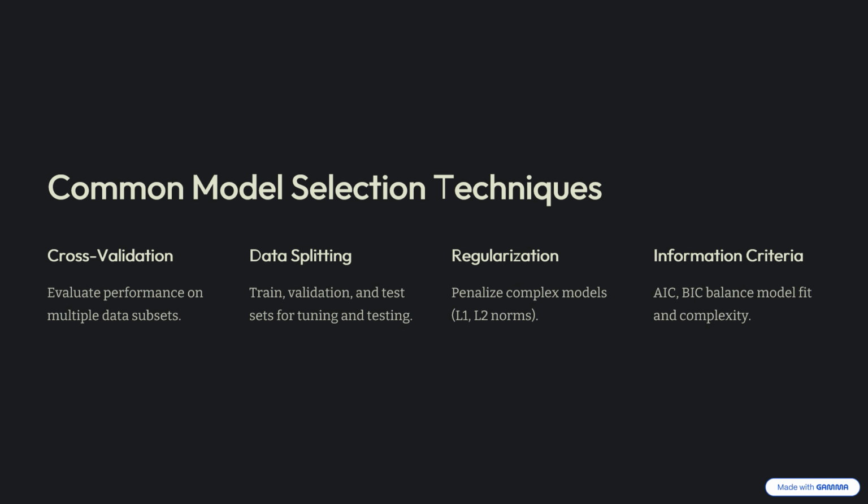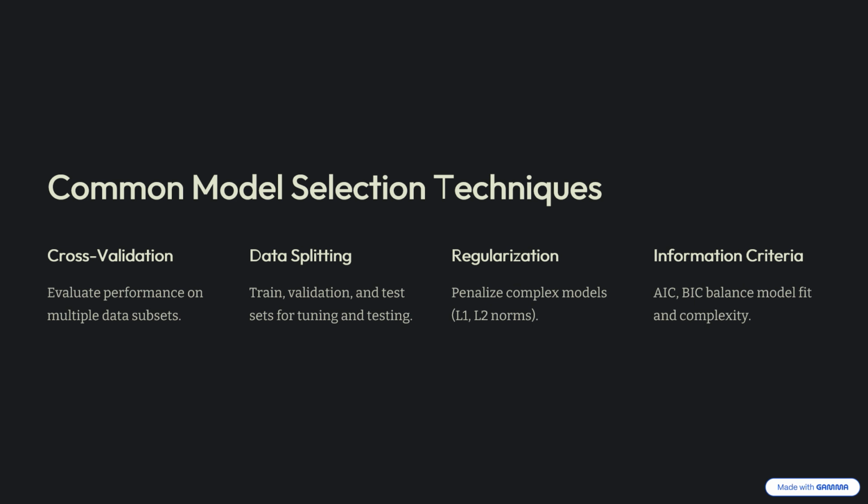Now let's look at the most commonly used techniques. Cross-validation helps estimate model performance reliably by testing on different subsets. Data splitting divides the dataset into training, validation, and test sets to tune and evaluate the model.